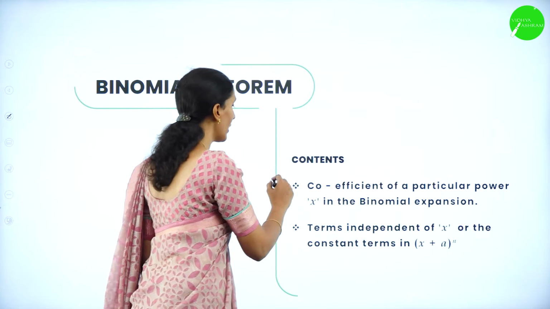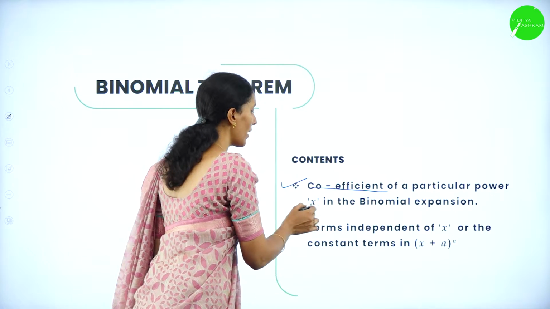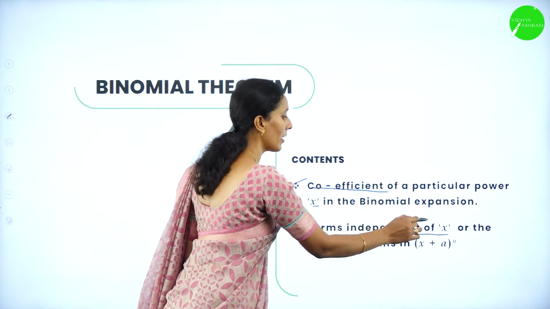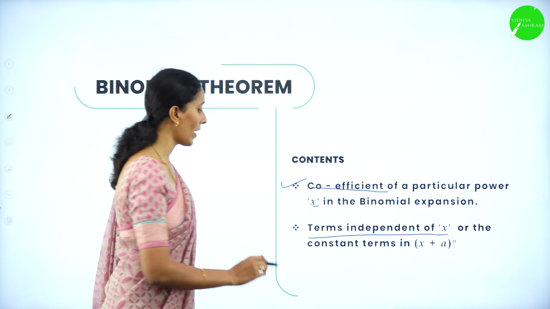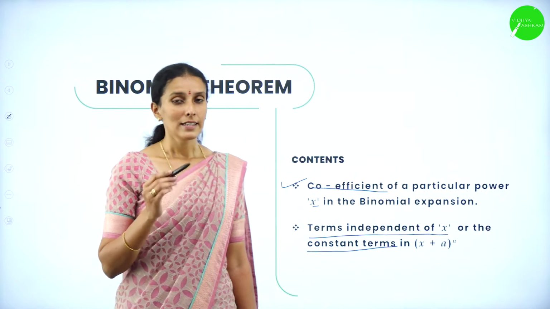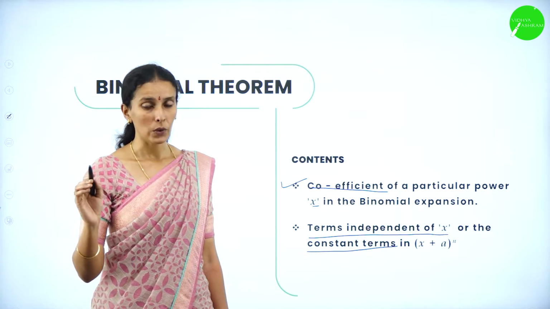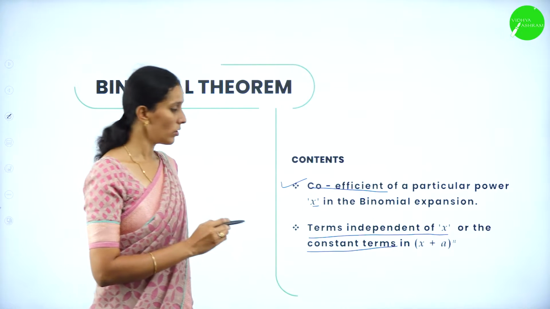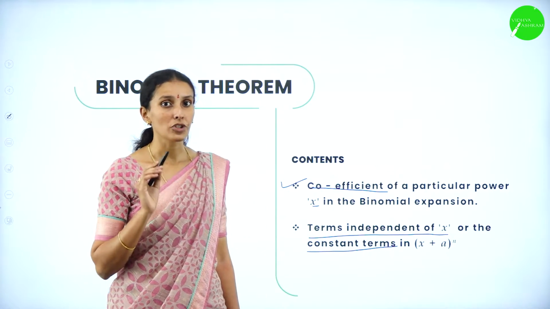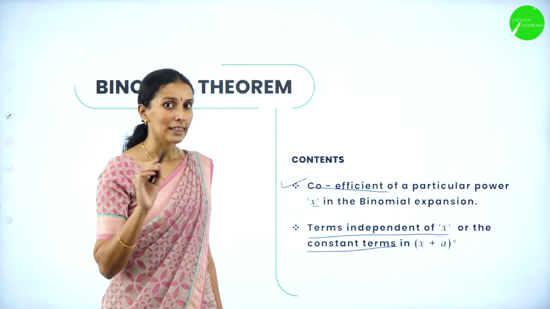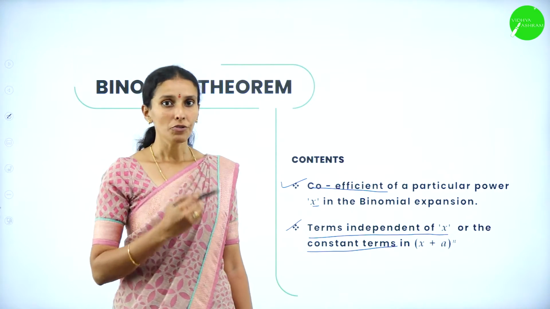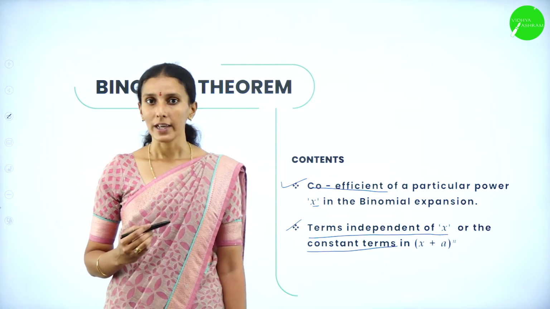We are going to find the coefficient of x in the binomial expansion, and the term independent of x means we are going to find the constant term. Since the power of x is always 0 in that term, the term independent of x means the term which does not contain x, that means the constant term. So we will be learning how to find these two in today's session.